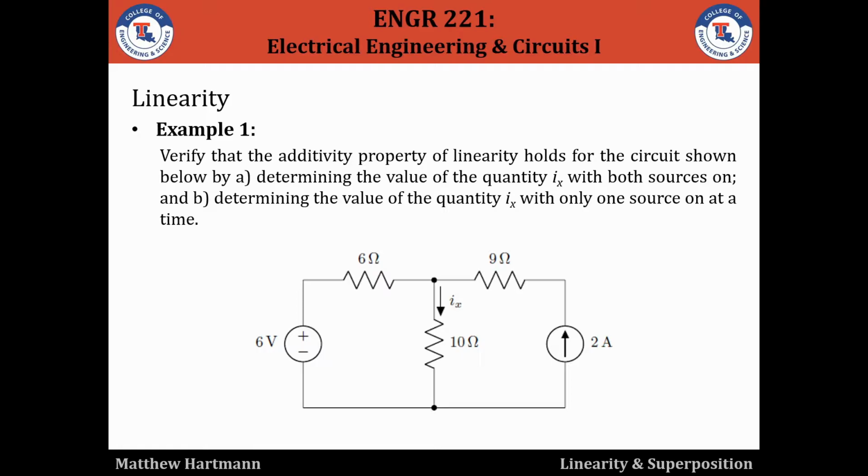The first way that we'll approach this problem is by leaving both inputs or sources on and employing the circuit analysis techniques we know up to this point, Ohm's law, KCL, and KVL, to solve for the quantity Ix. Next, we'll solve the circuit with only one source on at a time and add the values of Ix that we get together. If our answers using both methods agree, then this circuit obeys the additivity property of linearity.